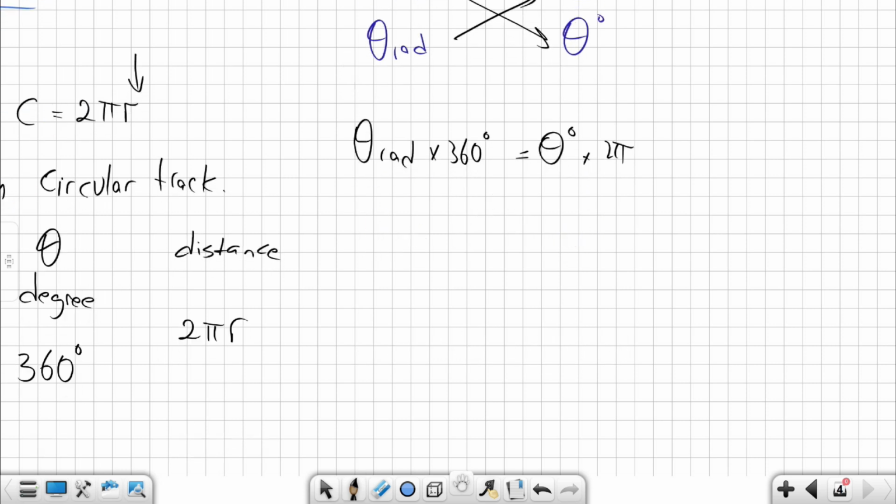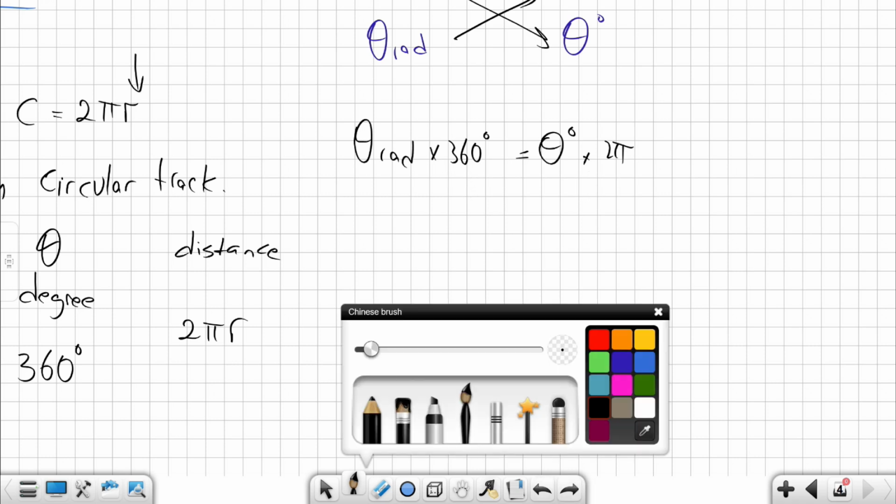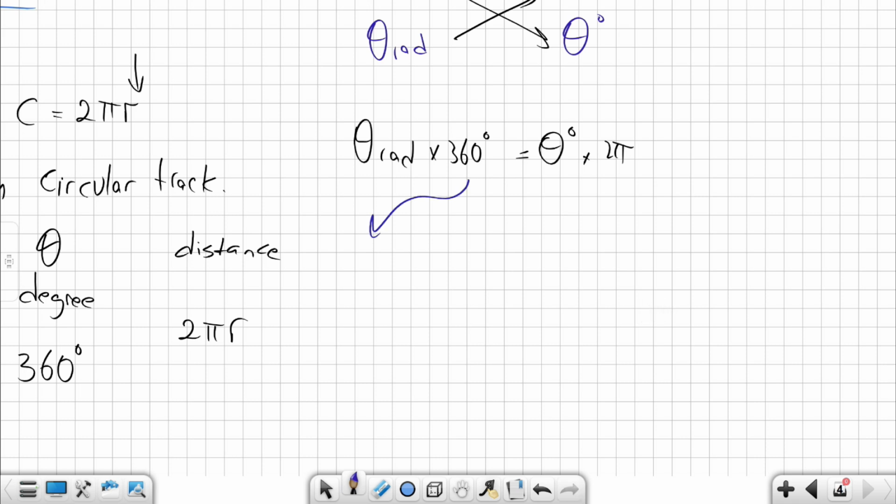If you need theta in radian, have it alone. If you need theta in degree, have it alone. So to have theta in radian alone, we divide both sides by 360. So theta in radian will be equal to theta in degree multiplied by 2 pi divided by 360.